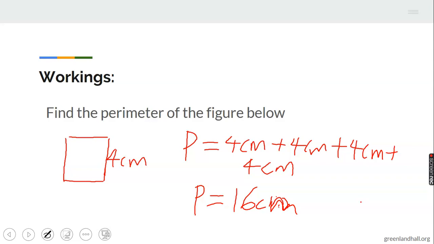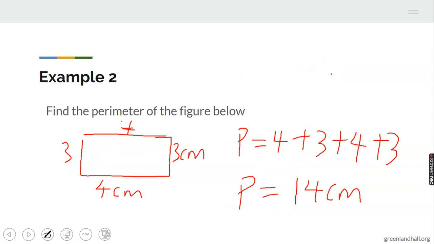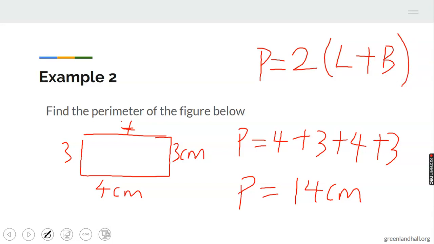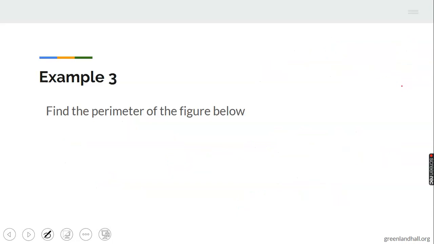Okay, now let me say something on this note. The formula to calculate the perimeter of a square is 4 multiplied by its length. So that one will be very easy. Then the formula to calculate the perimeter of a rectangle is 2 into L plus B, because you have 2L and you have 2B. Now let's look at another example. We have to find the perimeter of a square.